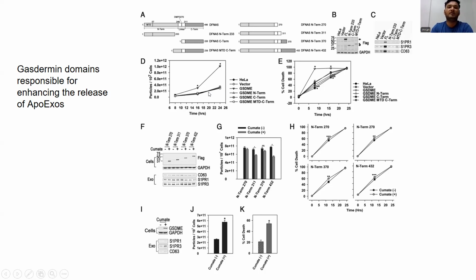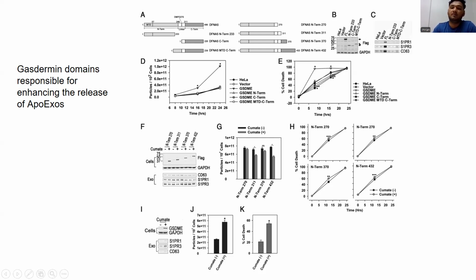Also, they had a very diminished effect on the exosome release and the cell death when the pore-forming N-terminal domain was introduced to the cells with the cumate inducible system. It was shown that they had a little less effect than the Gasdermin E, and a similar case was found with inducing the cell death.